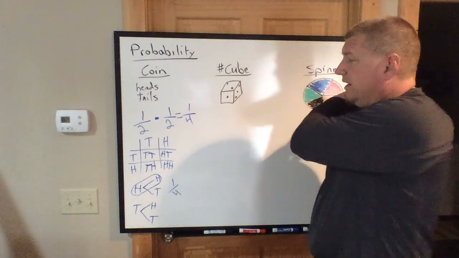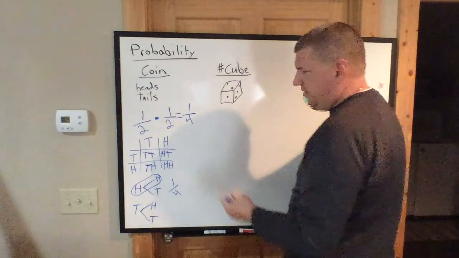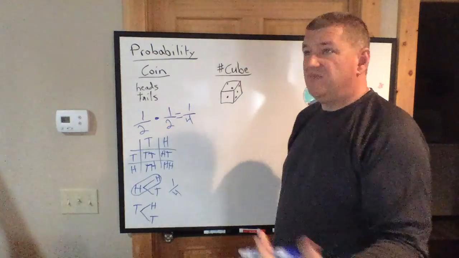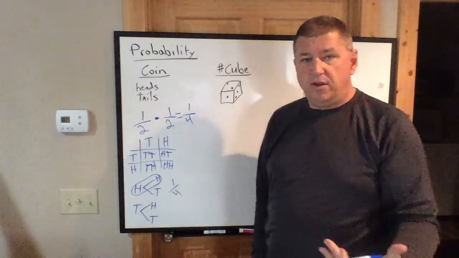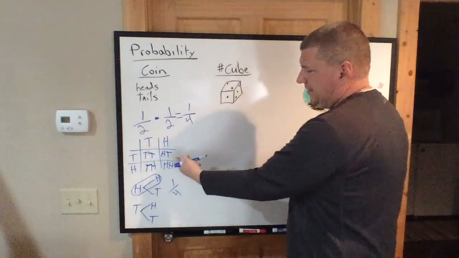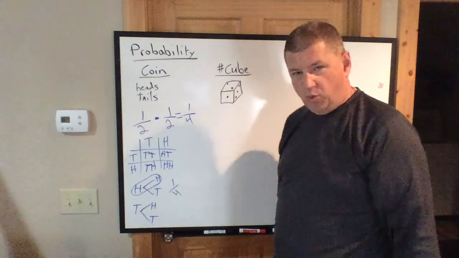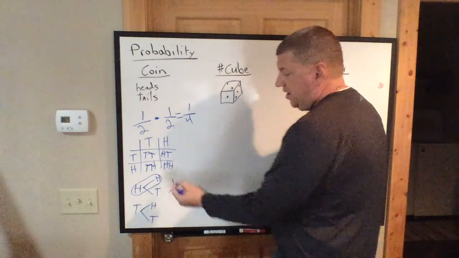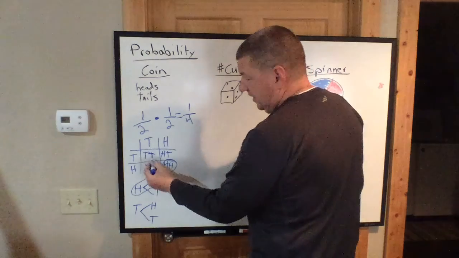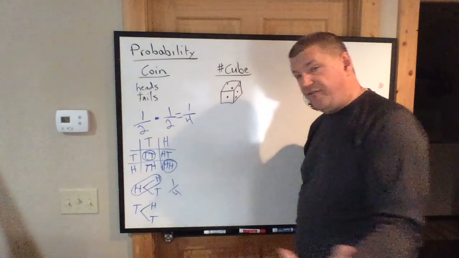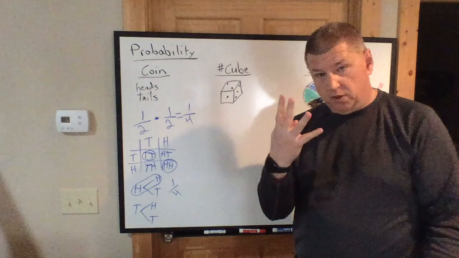So again, the numbers don't necessarily work out as easily. I think the table and the tree diagram would work out the best for us to figure that out, because I'm looking at heads, heads, and tails, tails. So how many different options do I have? I have 4, right?